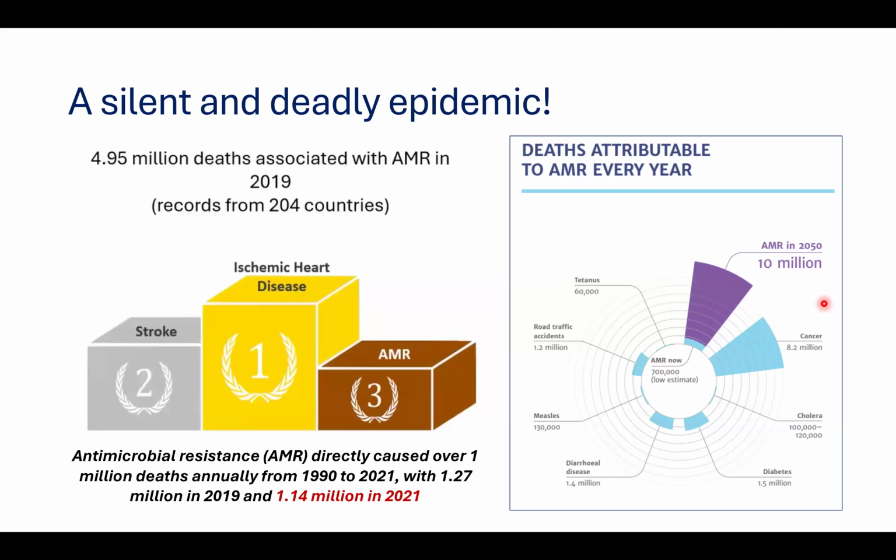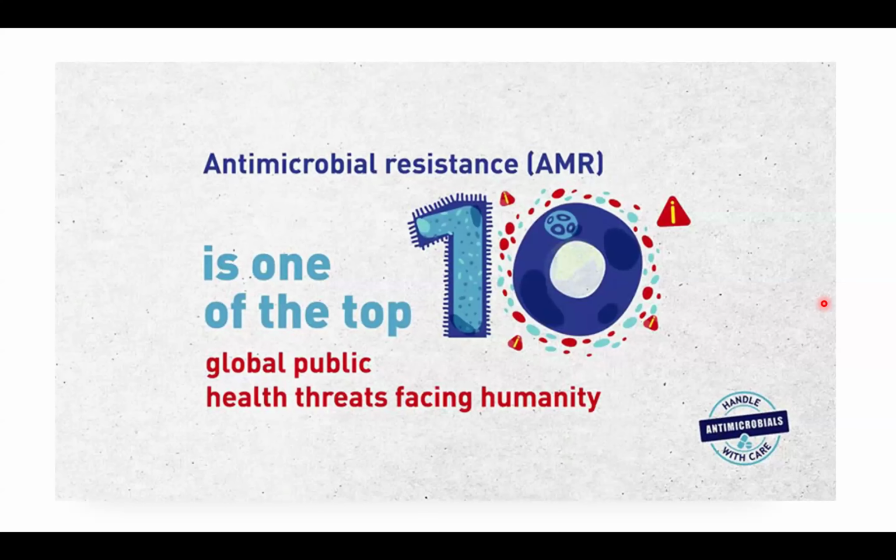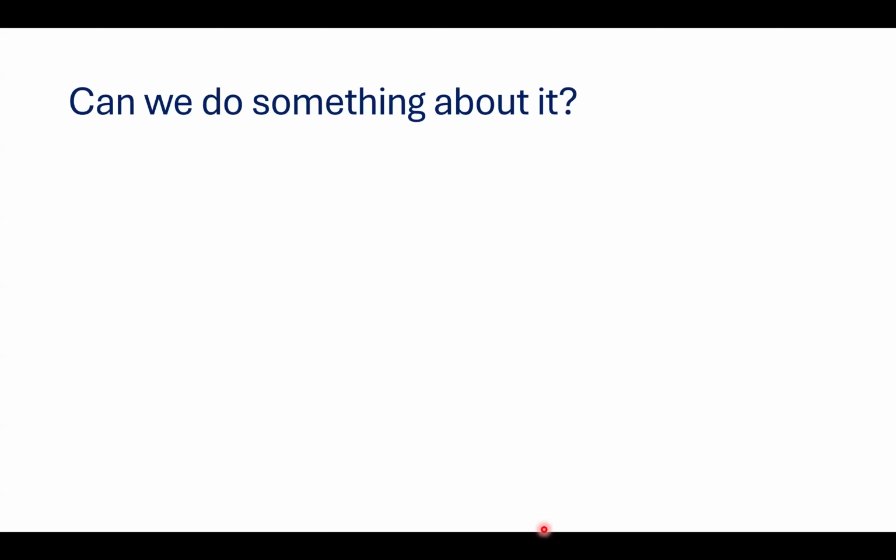And this is a huge, huge number, and we have to do something about it. So because of this, WHO as well as the government of India has made it a priority area in which we have to tackle the epidemic of antimicrobial resistance. And it is one of the top global public health threats right now.